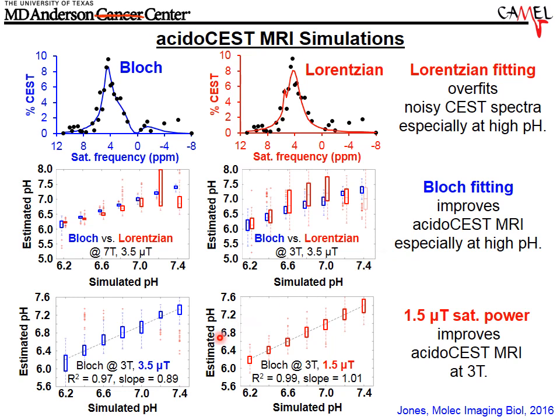Also, at 3T magnetic field, which is the field that most of us are using for clinical CEST MRI, the Bloch fitting method works okay at 3.5 microtesla, but actually has better performance at 1.5 microtesla, showing that high power is not always needed. Sometimes lower power actually allows the data to be optimized a little bit more. You can see the features in the data with less power.